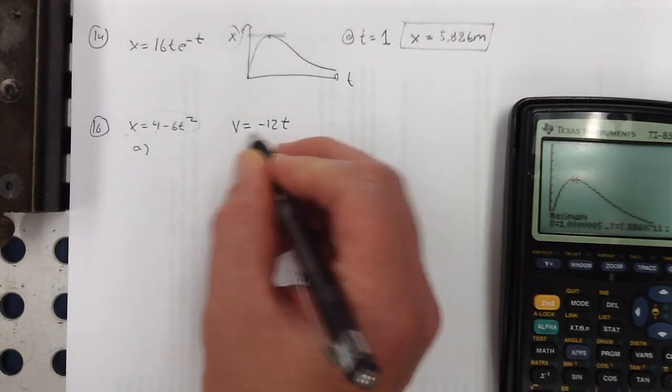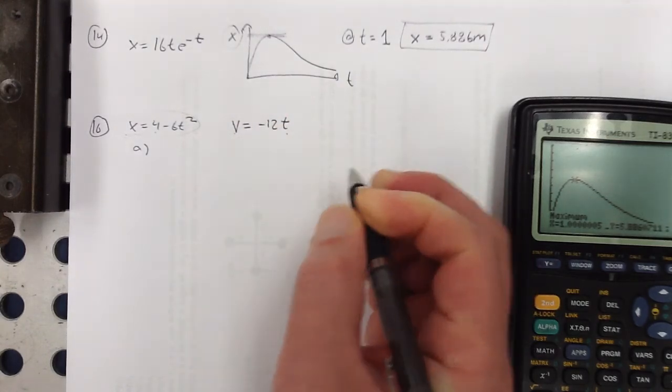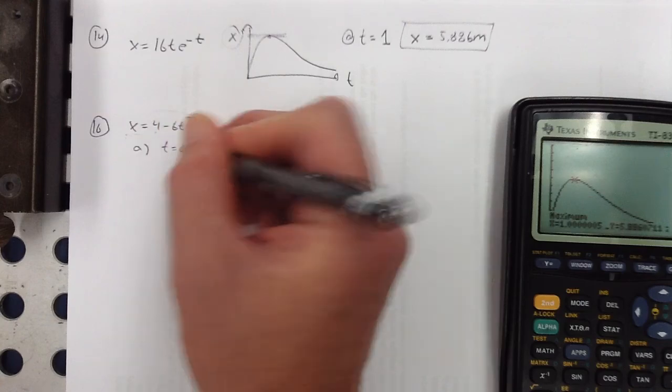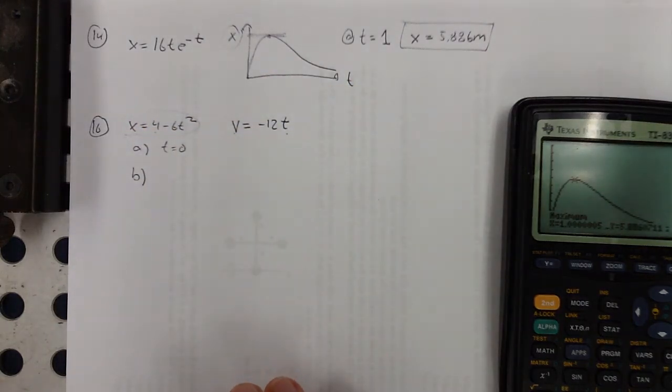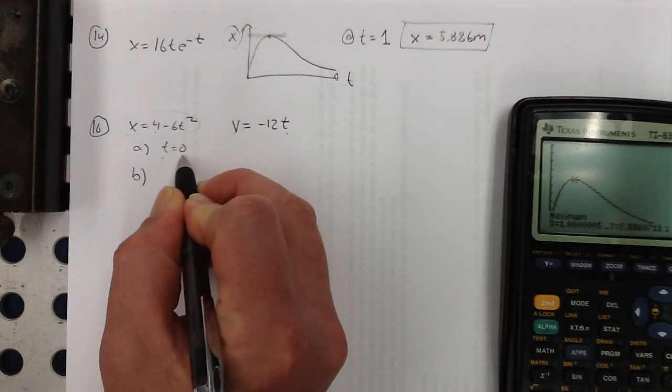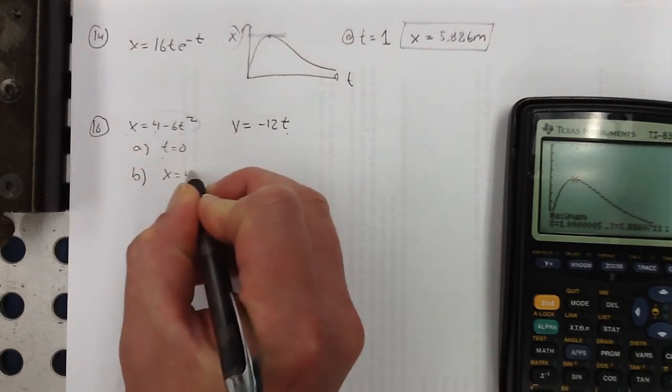So where is the velocity 0? Well, that only happens when, if you want this to be 0, then t's got to be 0. So at t equals 0 is the only place where that happens. And where does that happen? So at time 0, if you plug 0 into this, then the position is 4 meters.